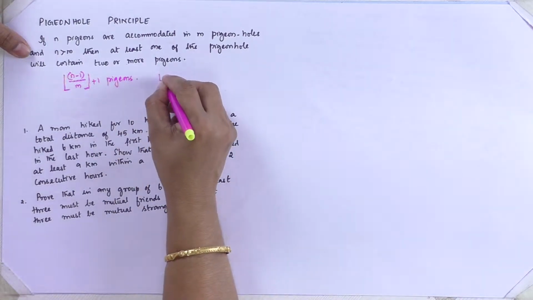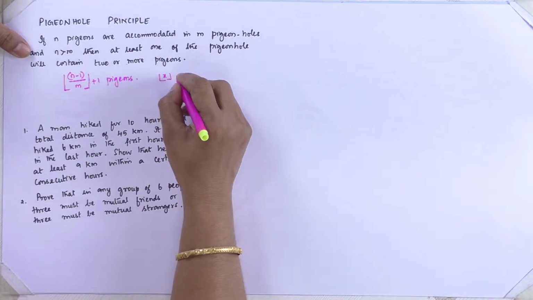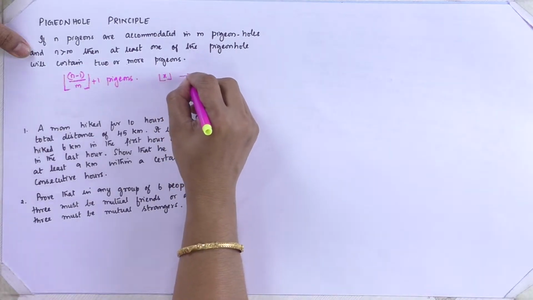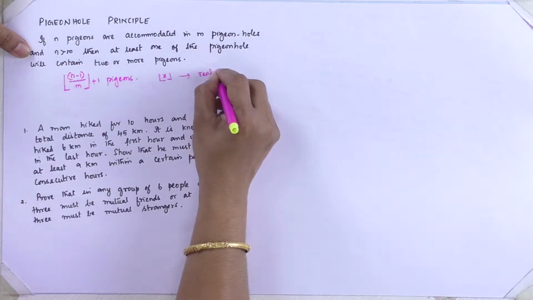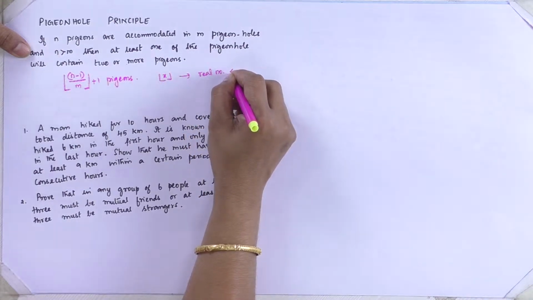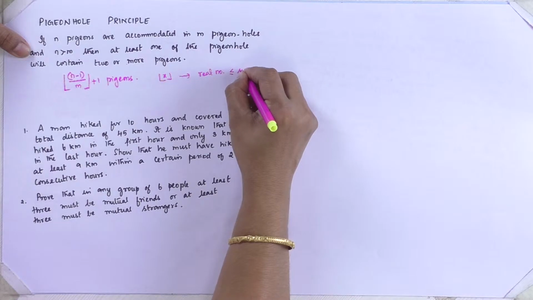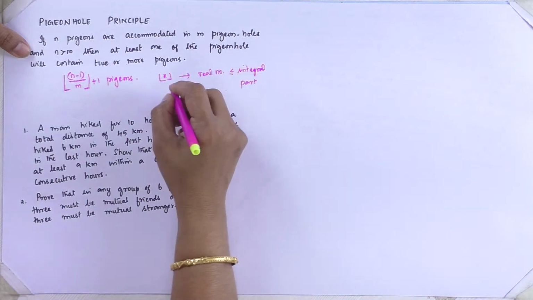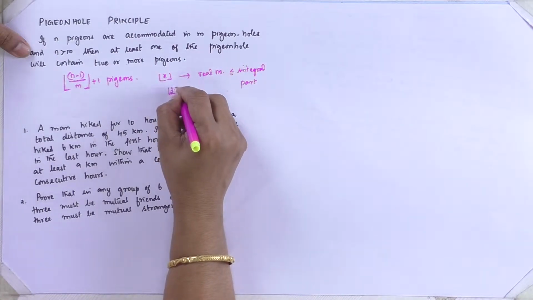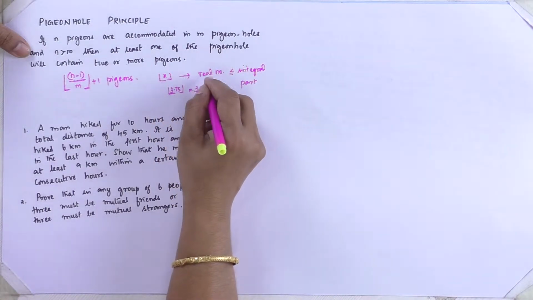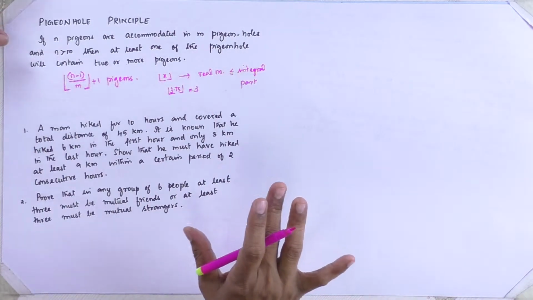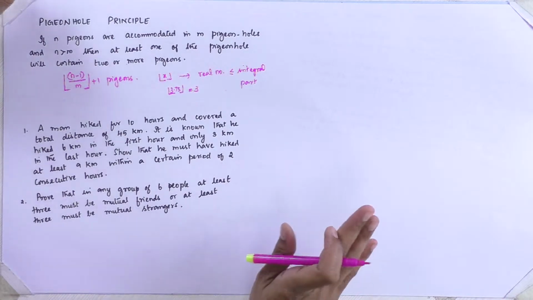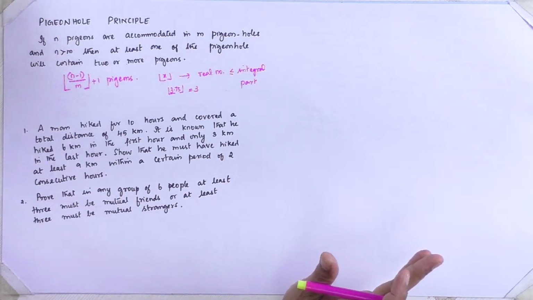This integral part is the greatest integer which is less than or equal to that real number. Suppose, for example, if I have 3.75, I can write this as 3. So this is the pigeonhole principle, right? Keep in mind that the number of pigeons should always be greater than the number of pigeonholes.